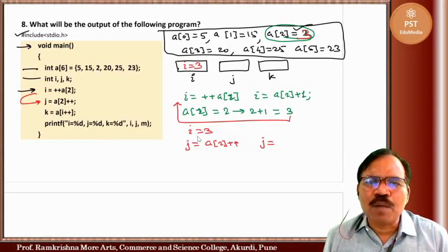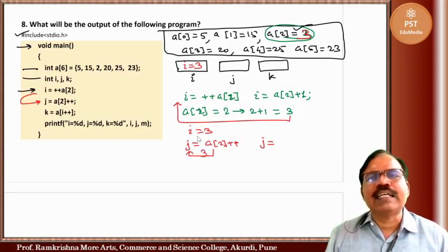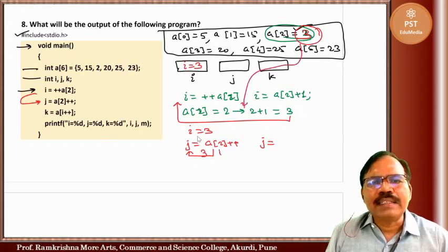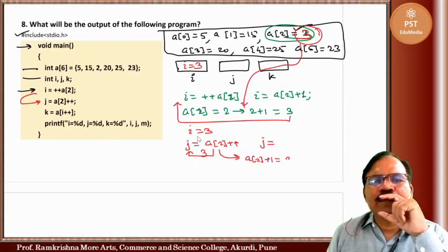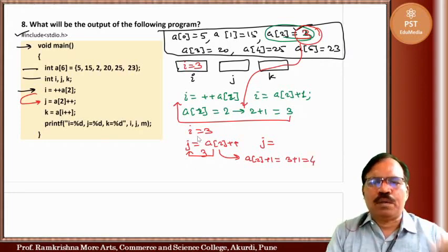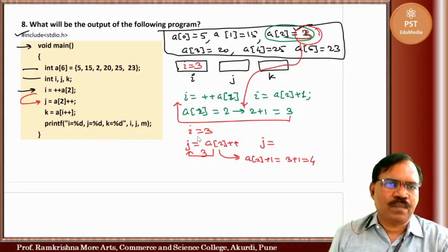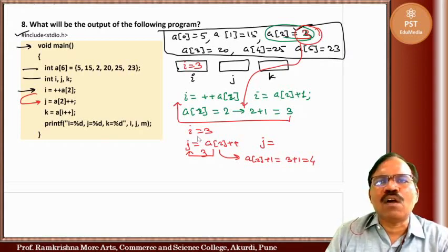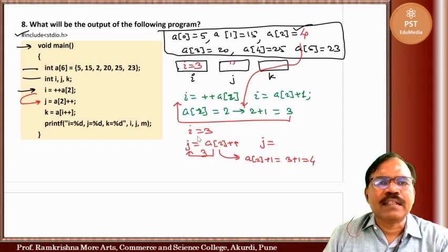So first the value of a[2] is assigned to j, meaning 3 is assigned, since a[2] is 3 here, and then a[2] is increased by 1. So a[2] becomes 3 plus 1 equal to 4. Now at the memory location of a[2], 4 is stored. At the memory location of j, 3 is stored.